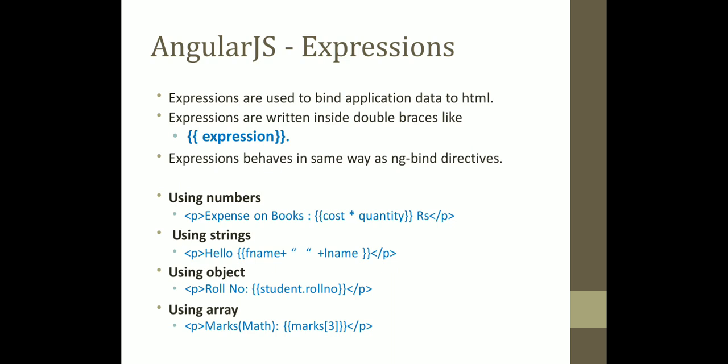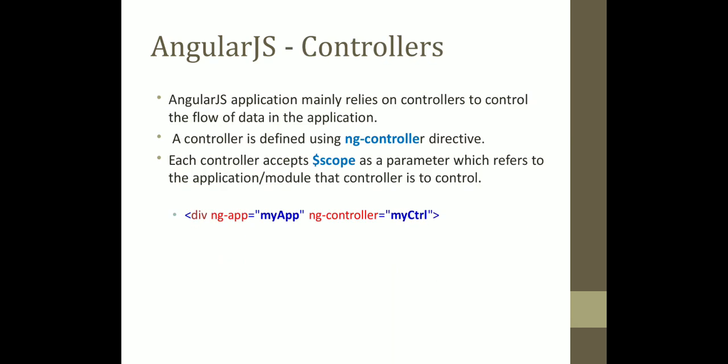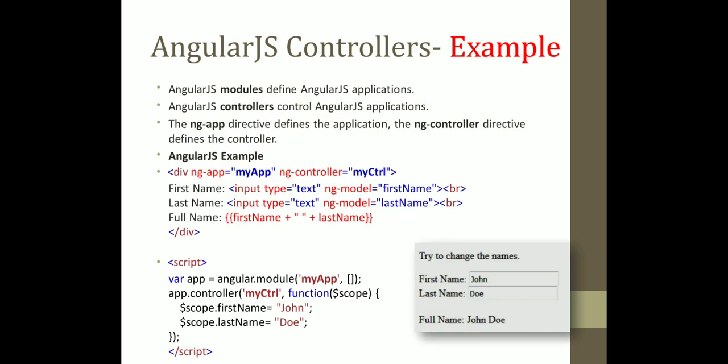We have also seen an example for the same. Then AngularJS controllers, how controllers are included in an AngularJS application, which we have seen with the help of an example, and the example is also explained with all the directives. So this is all about today's session.